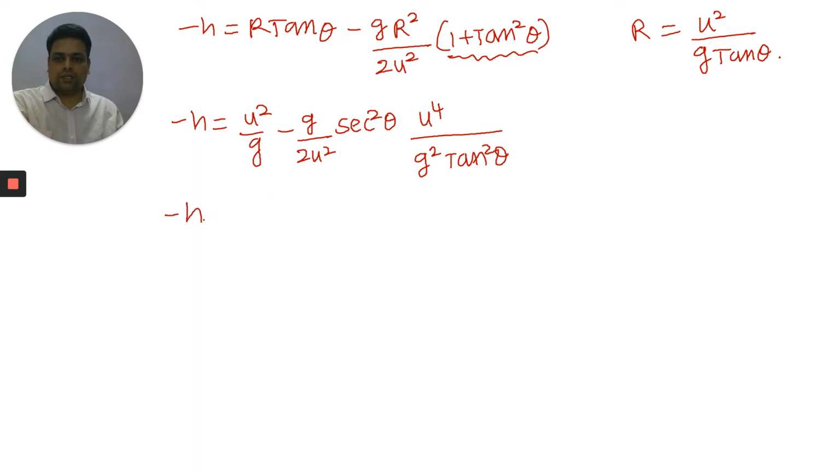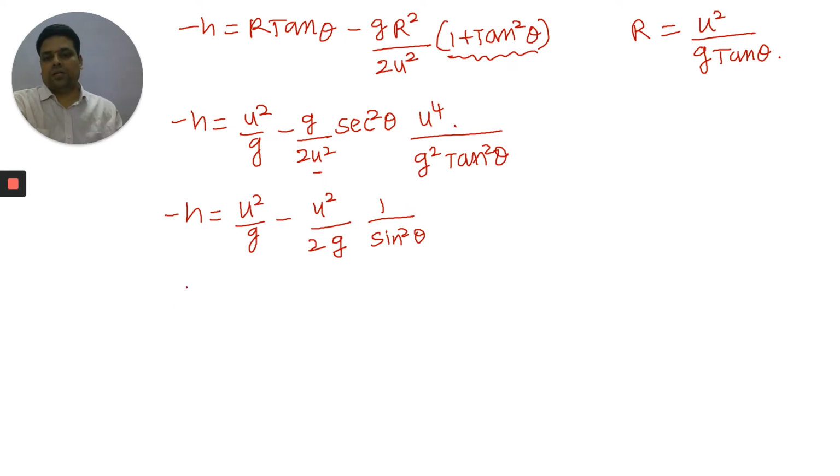So minus h is u square by g minus u square, u power 4 gives me u square in numerator, 2 as it is in denominator, g in denominator will come, secant square theta, that's I think 1 by sine square theta will come, because I can write secant square theta as 1 by cos square theta. In denominator only I have tan square theta, that cos square theta and tan square theta is sine square theta. So let me rearrange.